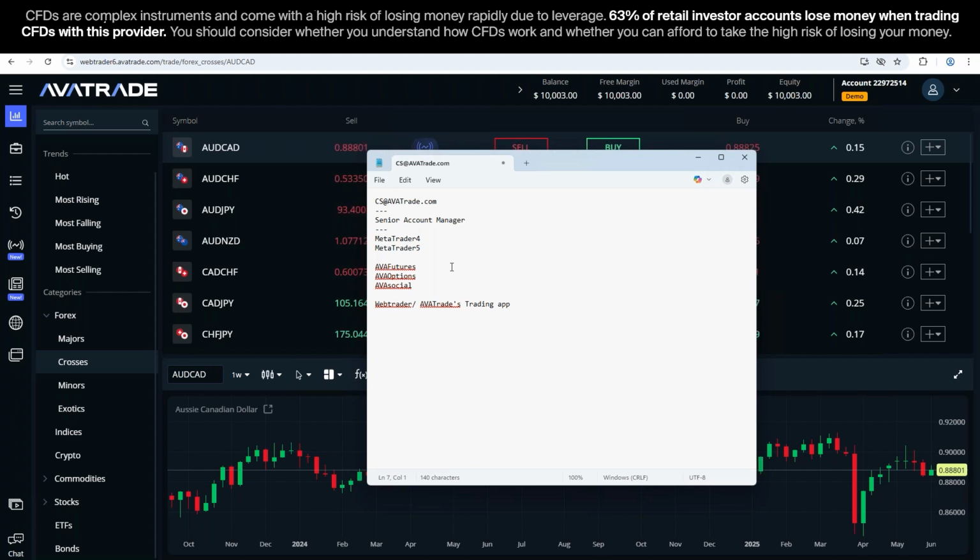With MT5 it might be easier. Also, if I want to diversify aggressively, MT5 might be more suitable, but they are both great. I suggest whoever is still testing to try them both, at least for 2 or 3 weeks, and then they will have a better idea which one is more suitable.